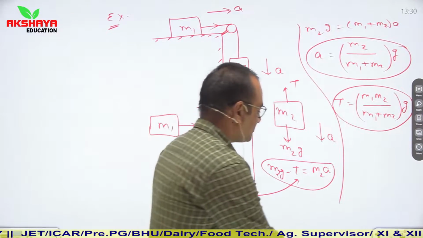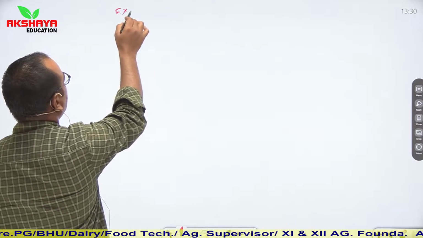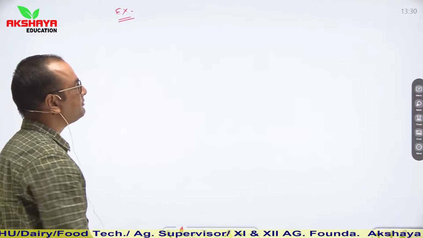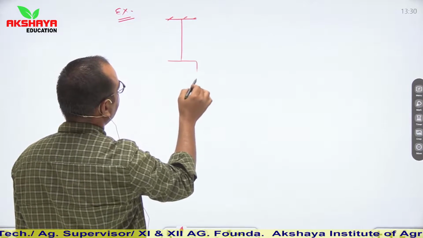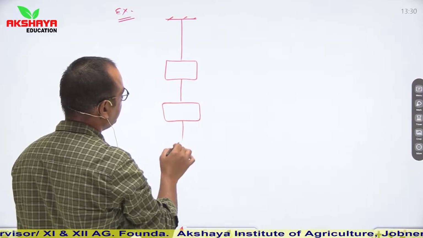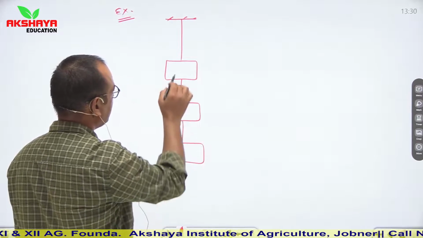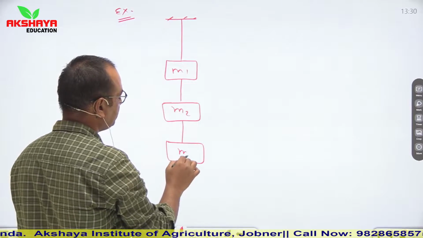Now next pattern is, see, I'm going to explain a few key concepts which you have to remember for your competitive exams. Let us say here different objects are connected with different strings. Let us say this is M1, M2 and M3.